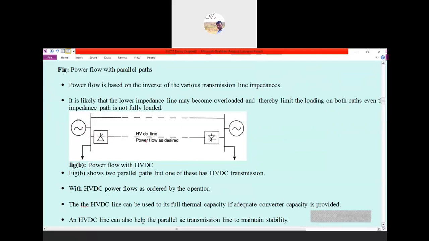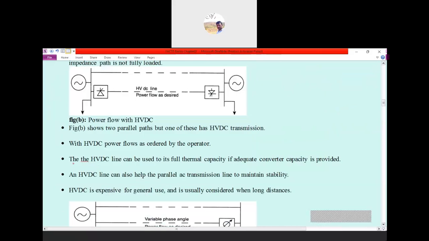In that case it carries 1 by 3rd. So the power flow is inversely proportional to the impedance. That's why we want to reduce the losses.